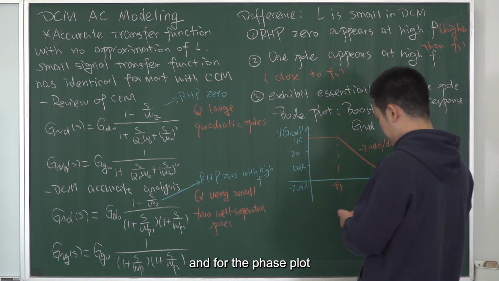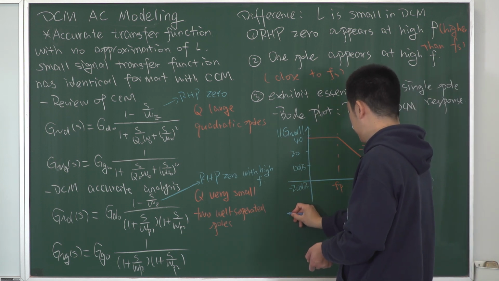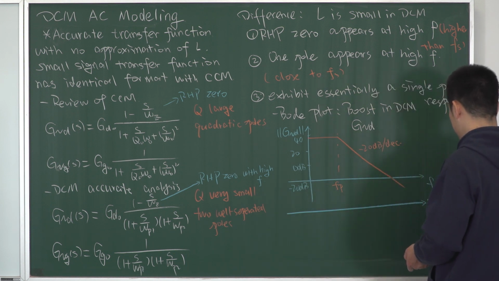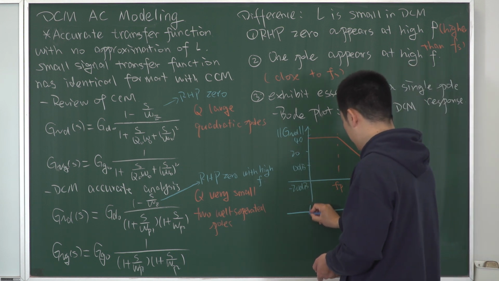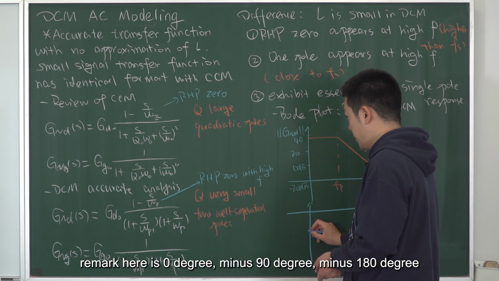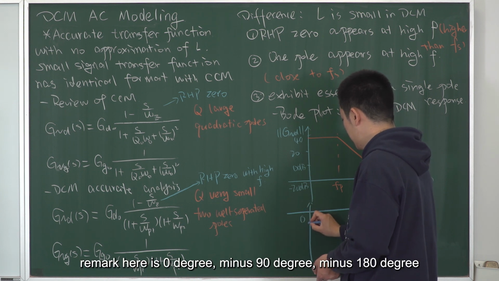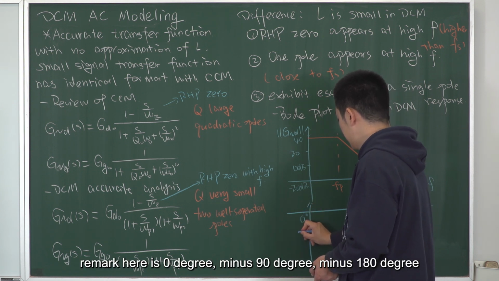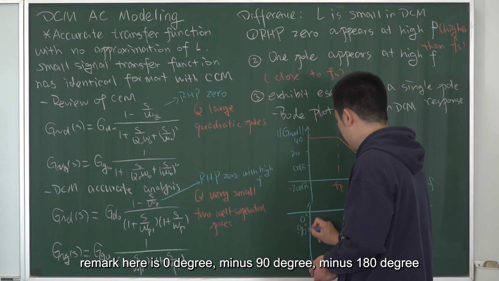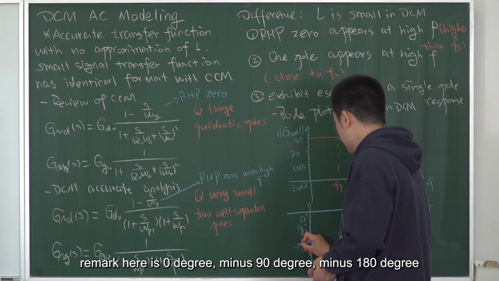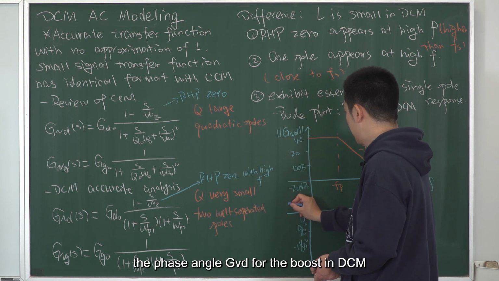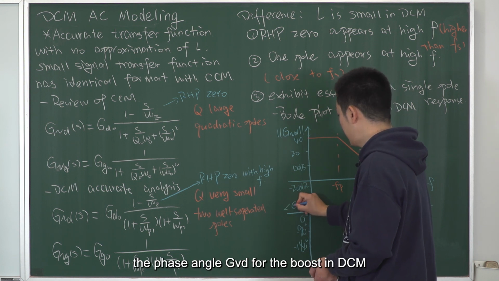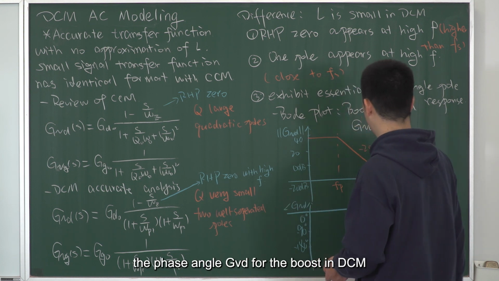And for the phase plot, we mark here 0 degree, minus 90 degree, minus 180 degree. The phase angle, GVD, for the boost in DCM.